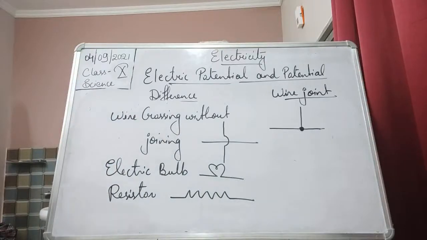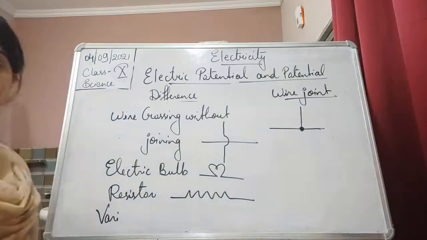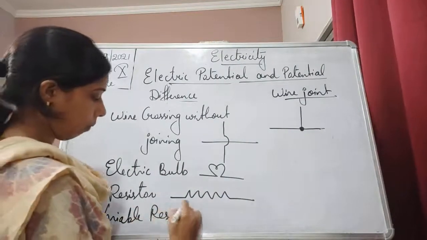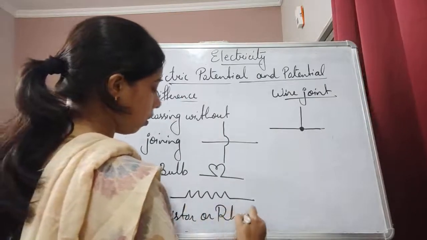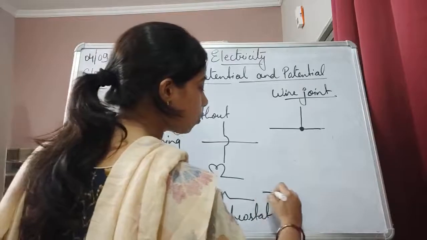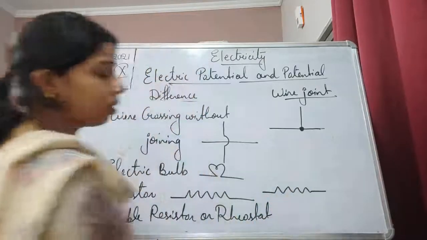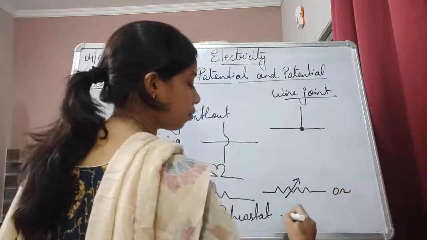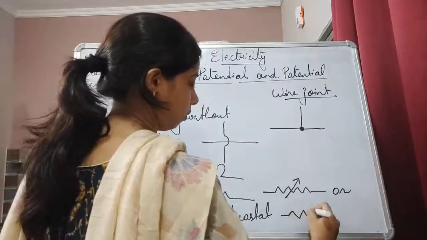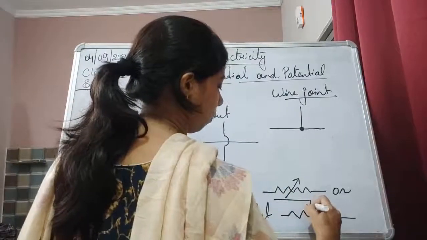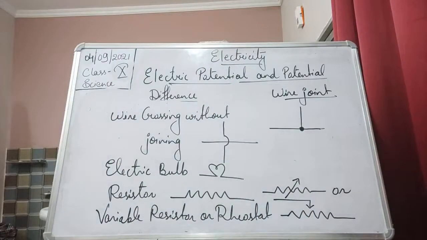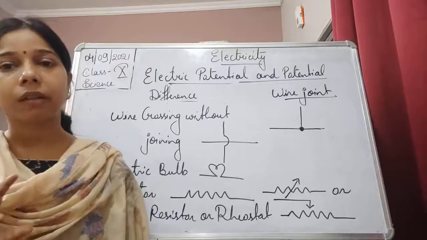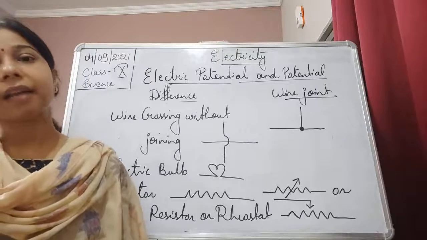If we want to show a variable resistor or rheostat, we can show it by two things, these are the two things by which we can show the variable resistor or rheostat, in which we can change the resistance also, that is the variable resistor.